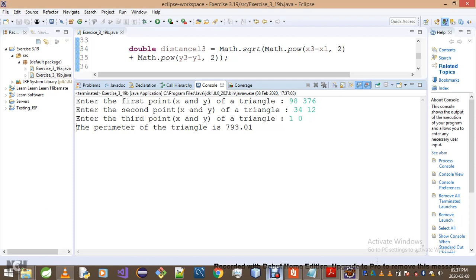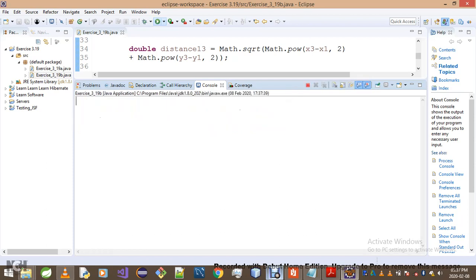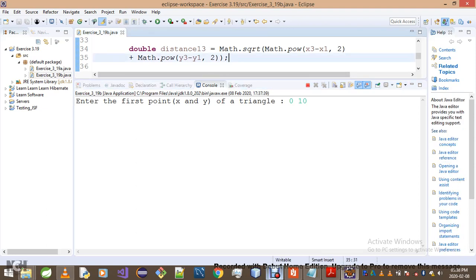Oh, perhaps let me try this. How about we have our x be 0 and our y be a number like 10? Oh, I cannot think of a case that would make this not work, but you can play around with different numbers and see it yourself, you guys.